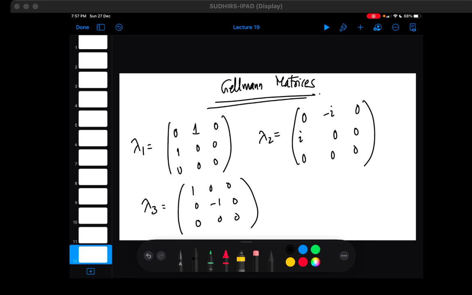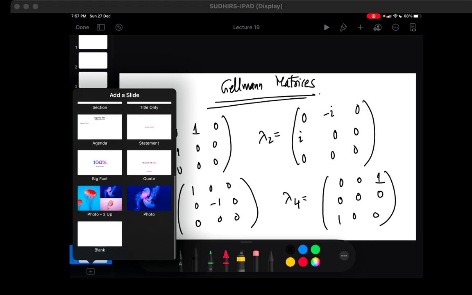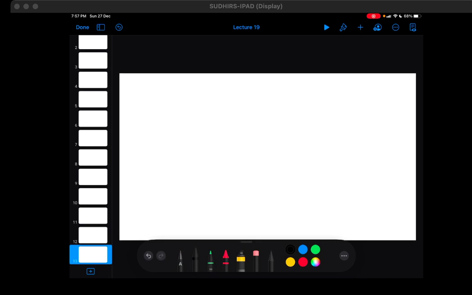Then lambda 4 is also very similar, but okay, I'll just write it down so that you learn. Lambda 4 would be, but now at the middle row, 0, 0, 0, 1, 0, 0. Lambda 5 is 0, 0, minus i, 0, 0, 0, i, 0, 0.